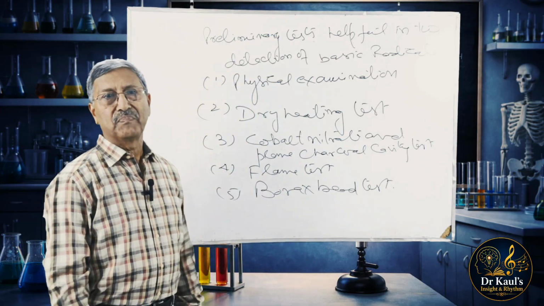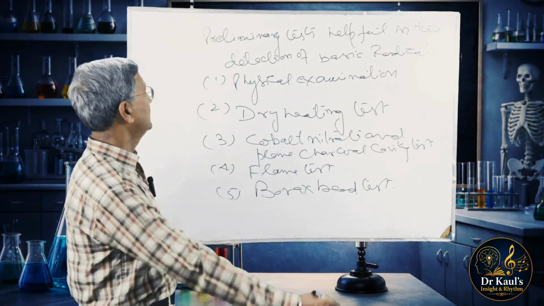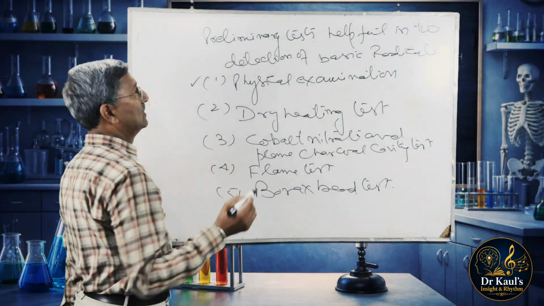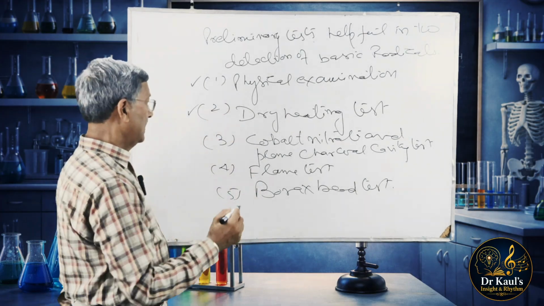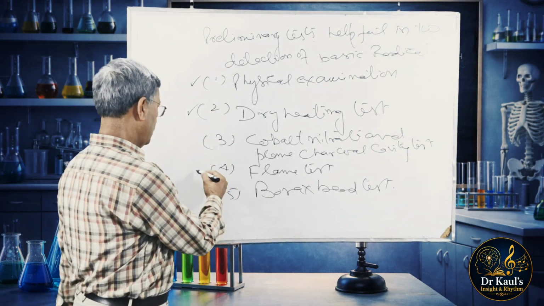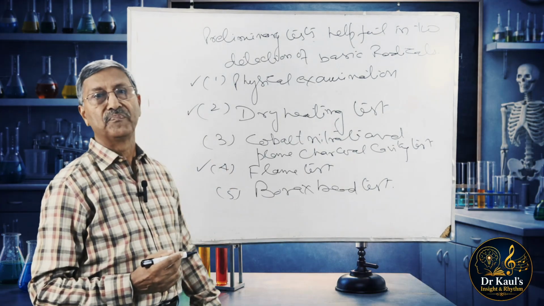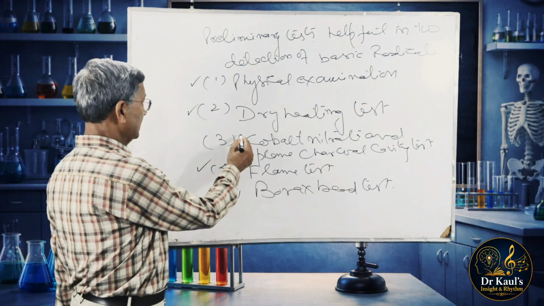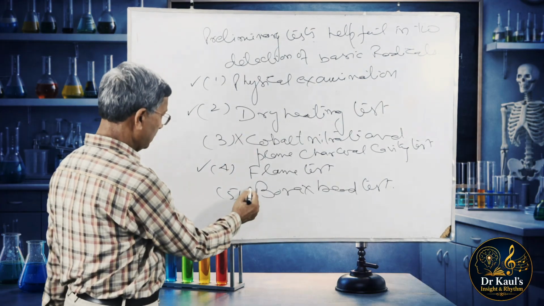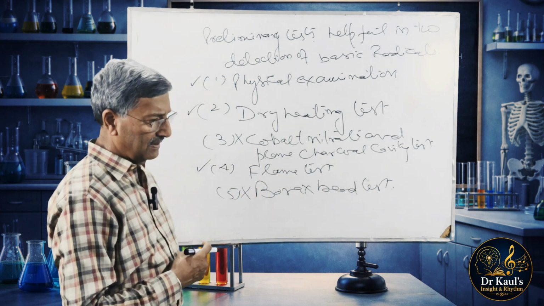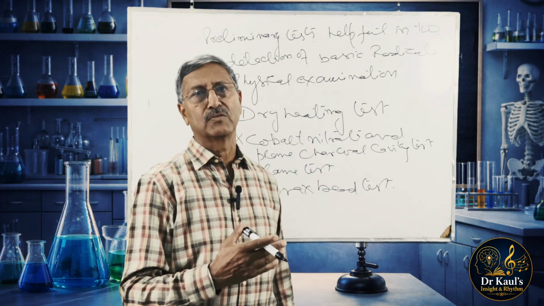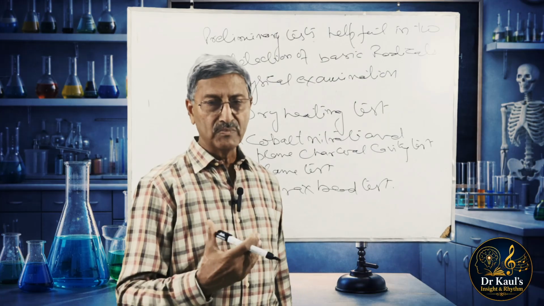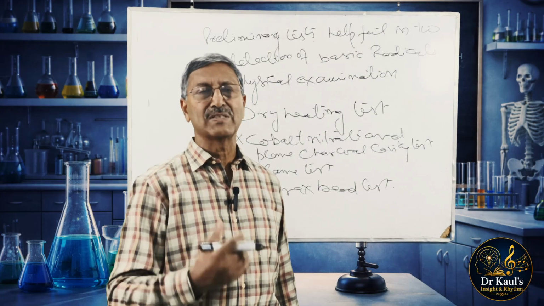Out of these tests, basically the helpful tests are physical examination, then dry heating test, and to some extent flame test also. Charcoal cavity test, cobalt nitrate charcoal cavity test and borax bead test are a little difficult to perform, and generally students don't perform these tests, and we also don't stress upon these tests.